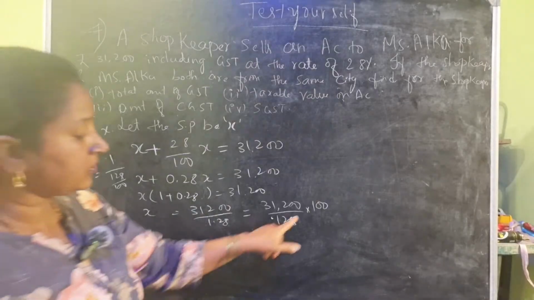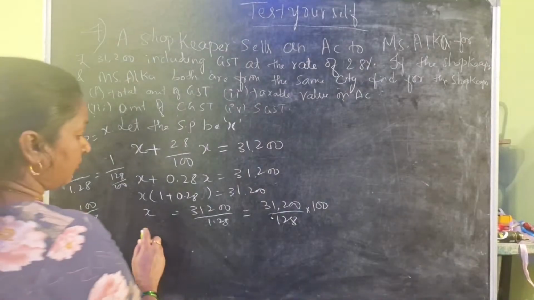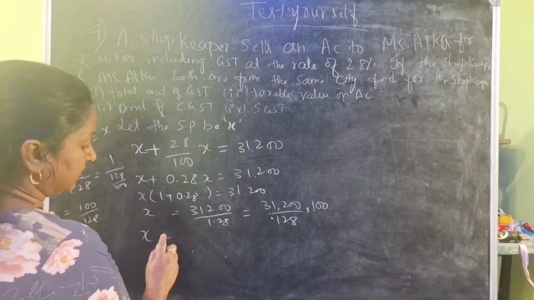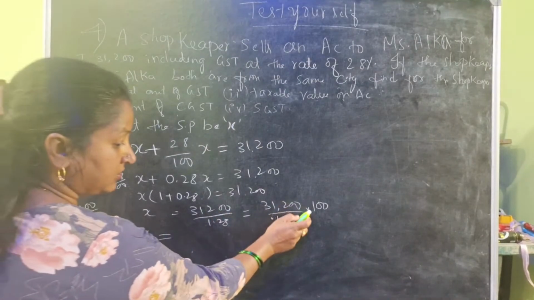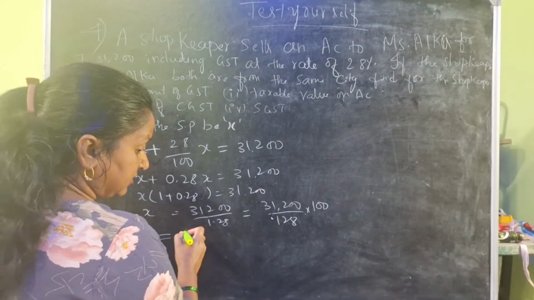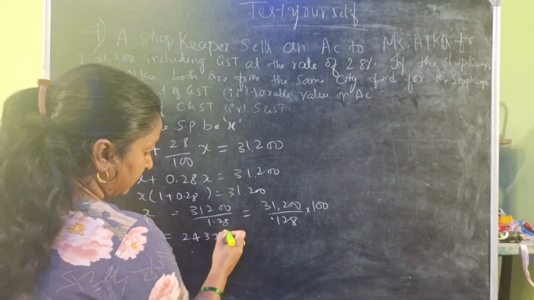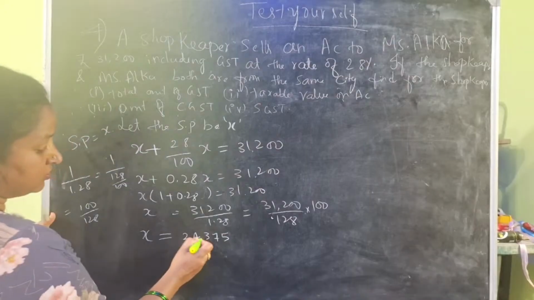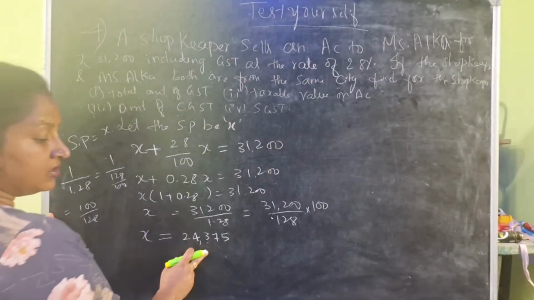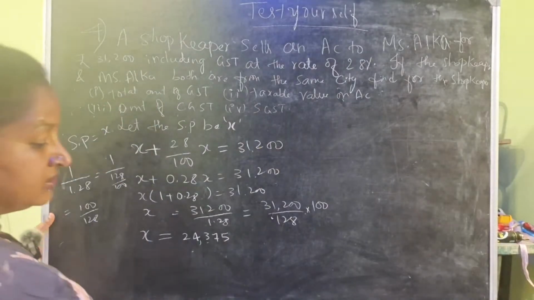I have simplified this here. After simplification we get the value of X as rupees 24,375. So 24,375 is the selling price of the AC.